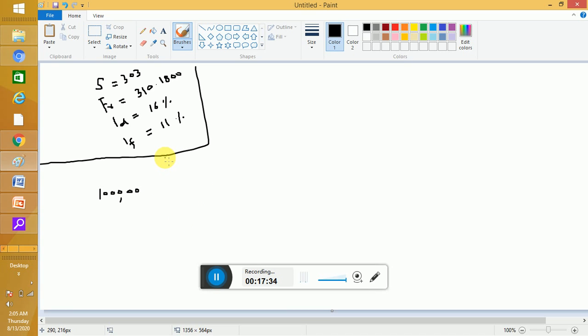So now, first, future value is equal to present value P naught times 1 plus I, since it is for 6 months, so divided by 2, and raised to the power n, 1 year.